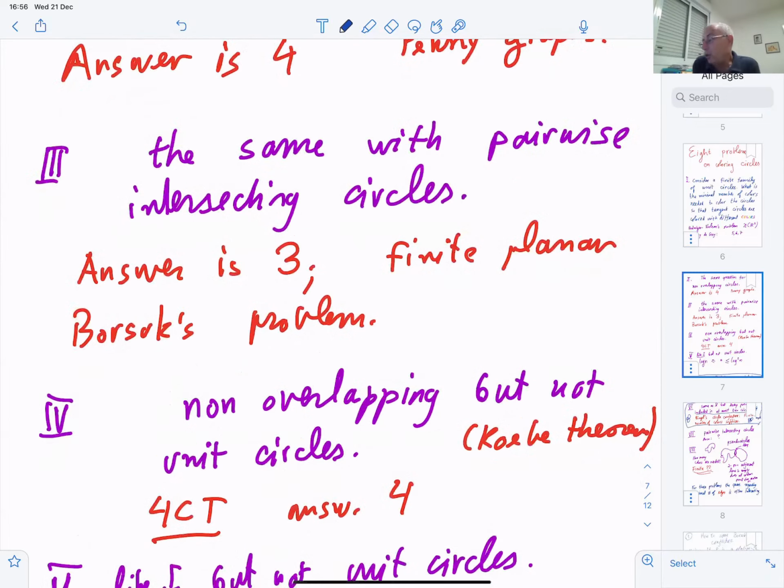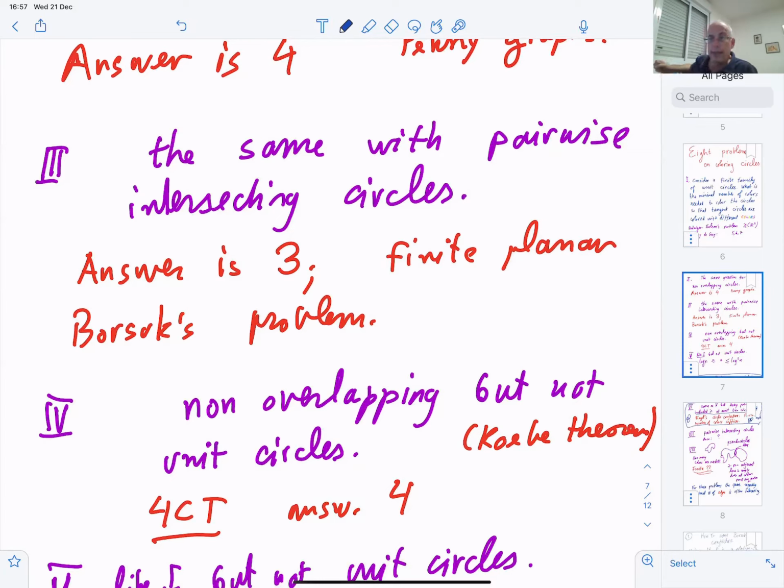And you can now ask where the circles are pairwise intersecting, and then the answer is 3. This is precisely the finite version of the Borsuk problem, because you have here a collection of points.